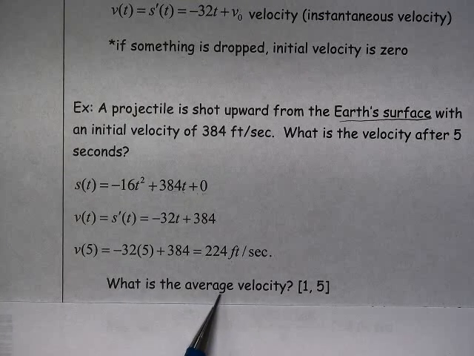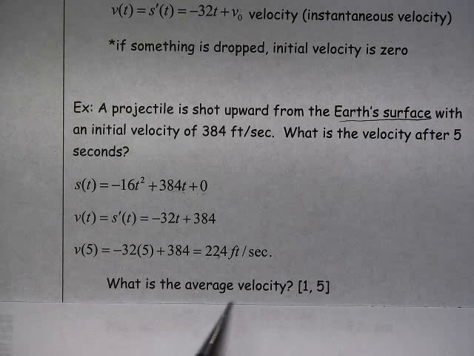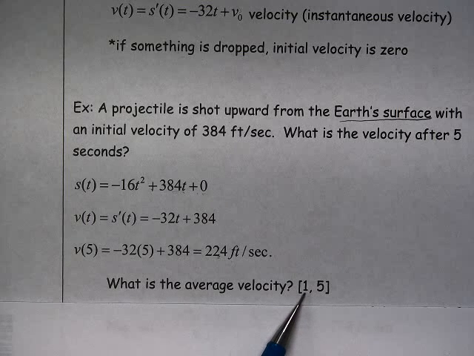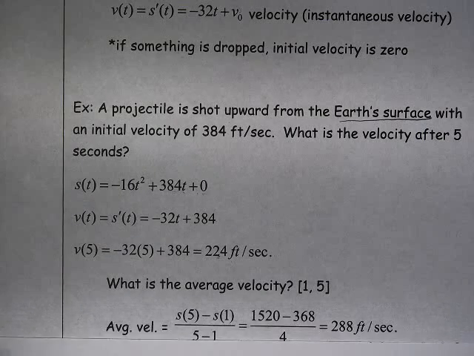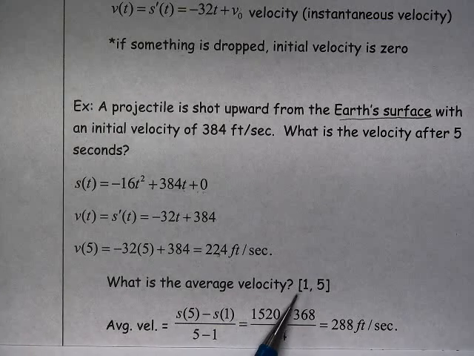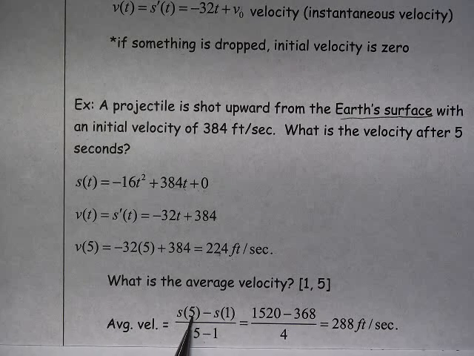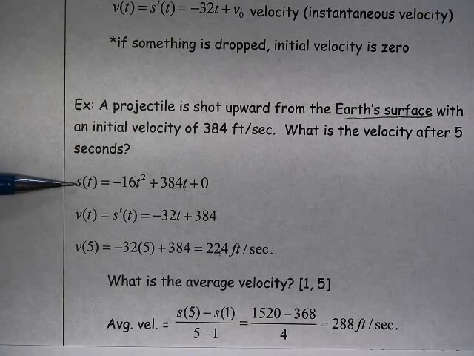If we're talking about average velocity as opposed to the instantaneous velocity that we found here, we have to have an interval. Here we want to know the average velocity between t equals 1 and t equals 5. This really isn't a calculus problem. We're just trying to find the difference in the position divided by the difference in the time. So the position at time 5, we can substitute 5 into the position function.